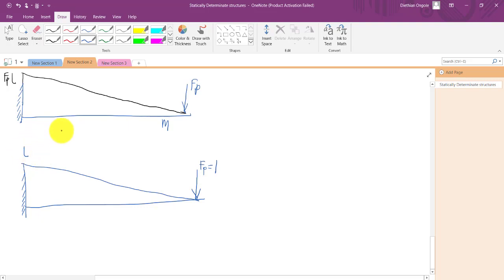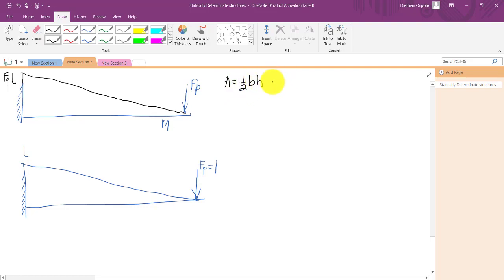So after we do this, what do we do next? We come and find the area. The area is calculated from the bending moment diagram of the original loading. For this case, that is the diagram under the action of Fp. So the area of the shape would be a half BH.